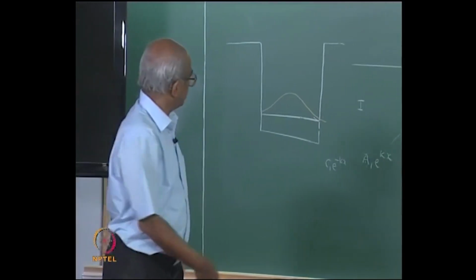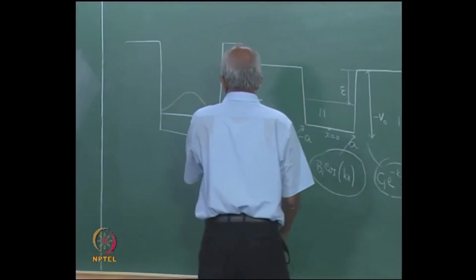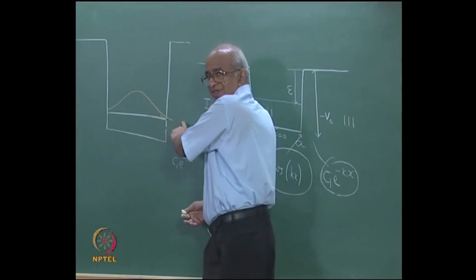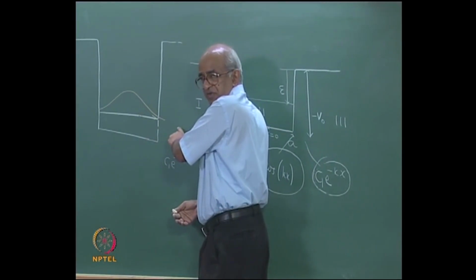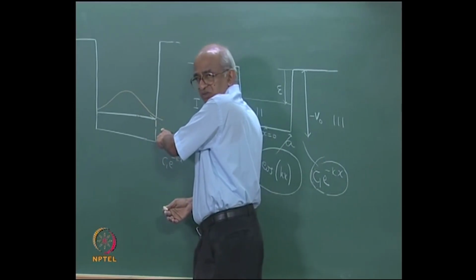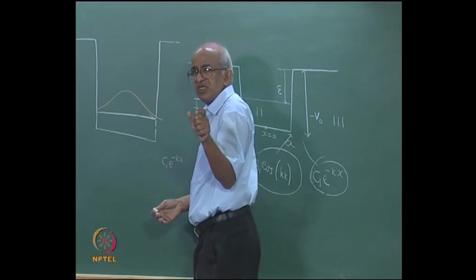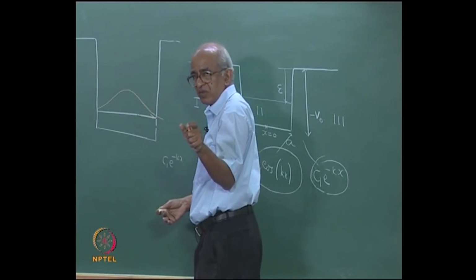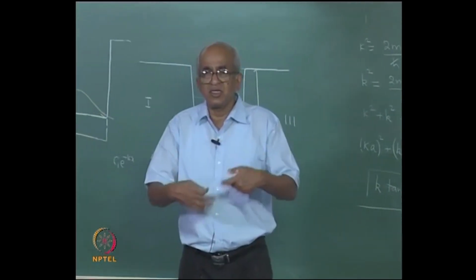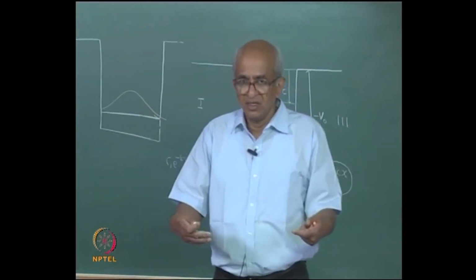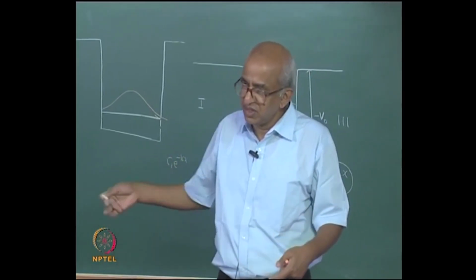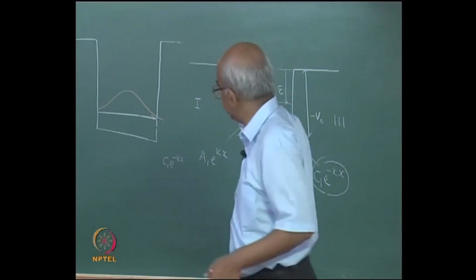But quantum mechanically, the wave function actually decays exponentially into that region. Therefore, it is possible for the particle to be found in that region also, but with a very small probability. This is essentially because of the wave nature. A wave does not terminate abruptly, it will only be terminated smoothly, and that is the reason why the wave function enters into that region.